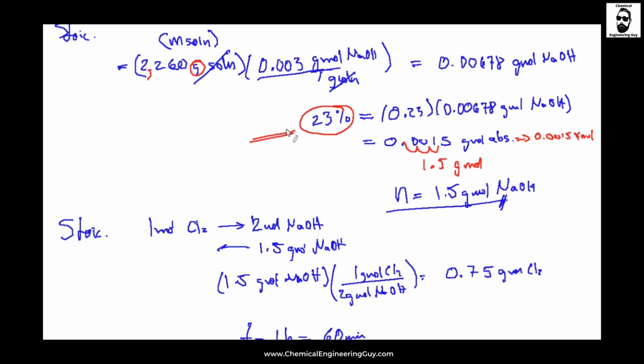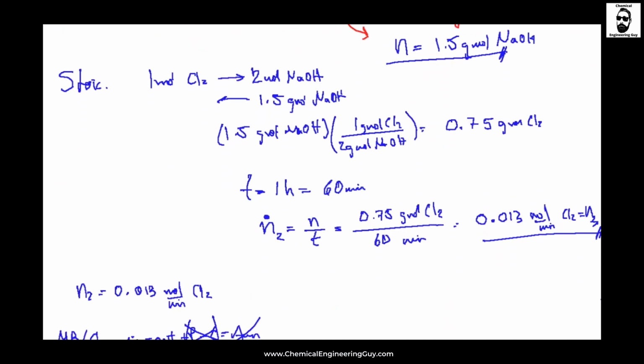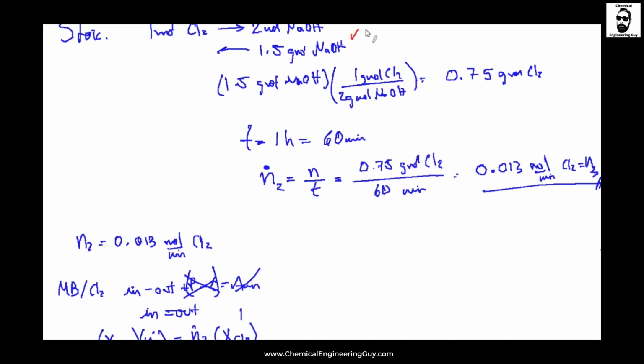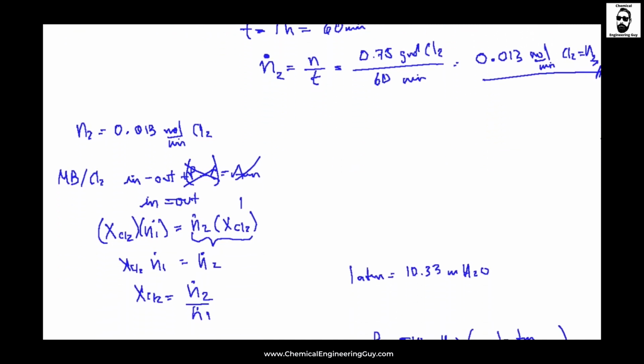I think this is very difficult to get, and will be the main issue when you send your report to your boss or to the provider, the seller. They will ask you where do you get this 23% data, or do you have a machine, equipment, or what? And yeah, after that we get the total amount of moles absorbed with the relationship we know from stoichiometry, and we know how many moles of chlorine we absorbed.